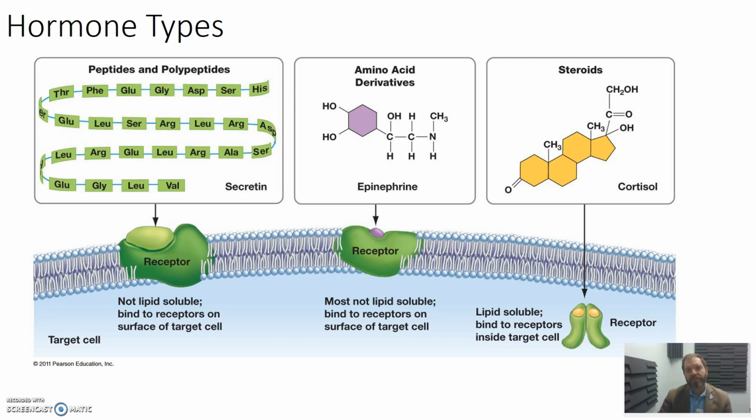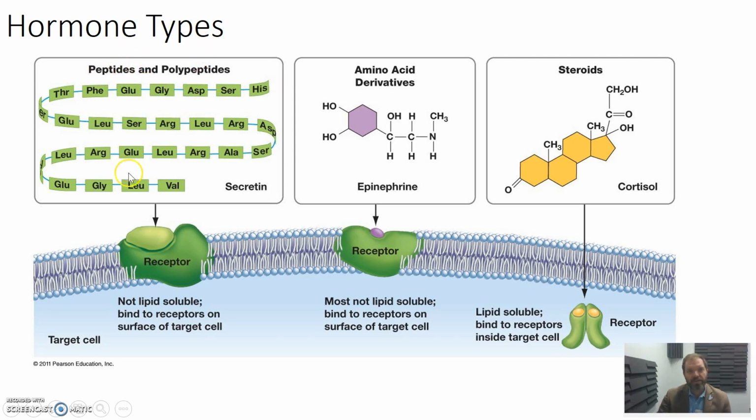Now, what happens from there depends on what type of hormone we're talking about. So this is a good point to introduce some of the different hormone types. Some hormones are proteins. Here's a string of amino acids that are together to make this particular example, secretin. Some are parts of proteins, peptides or polypeptides.